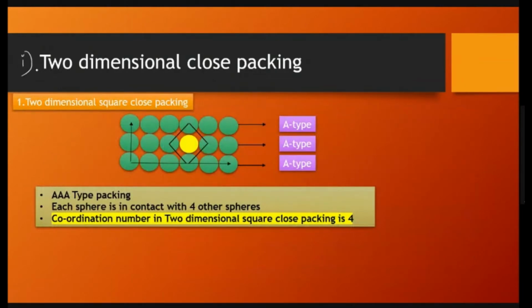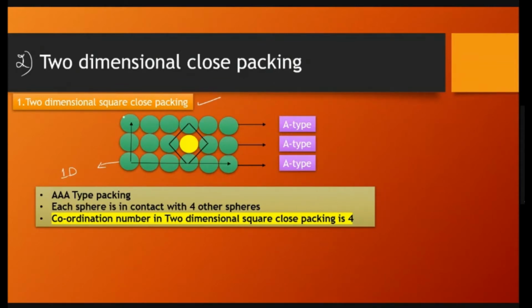So under two dimension we have first one, that is two-dimensional square close packing. In the picture you can see over here, there is an arrangement of atoms or identical spheres in a layered form. I'll consider the first layer as my first one-dimensional close packing.